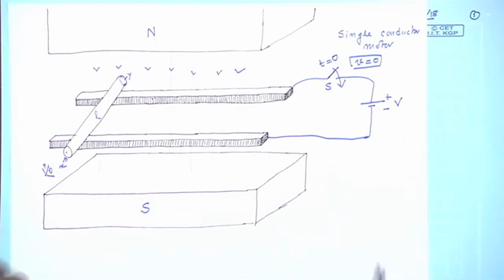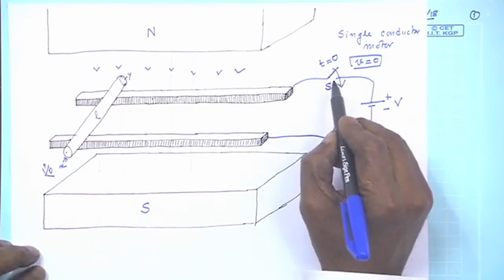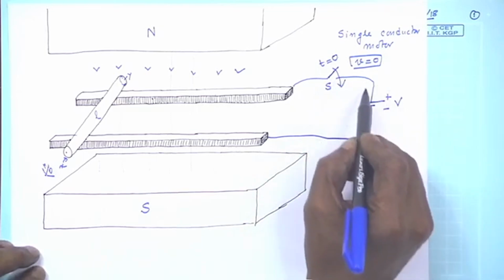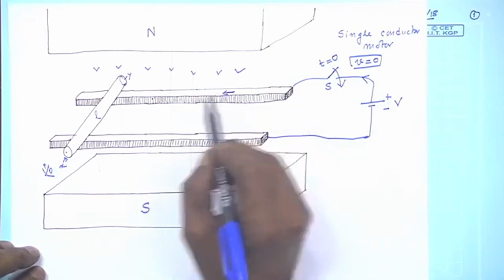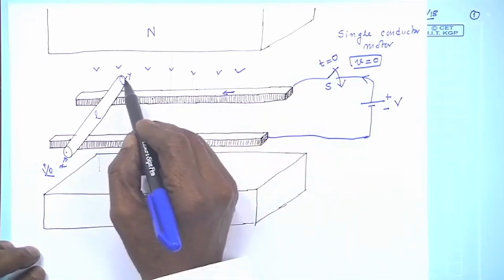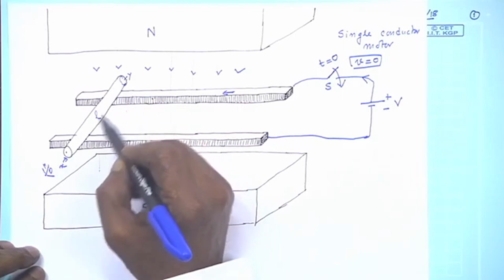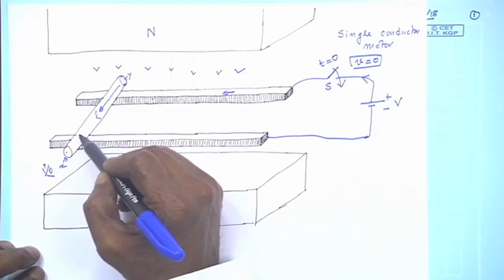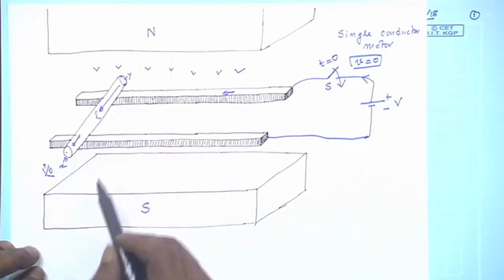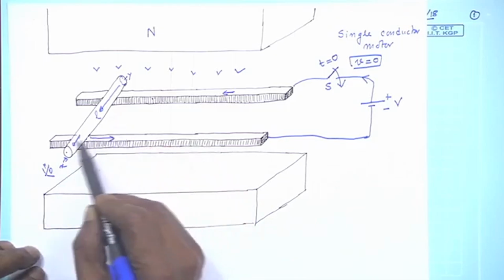But now, what do I do? I close this switch. Therefore, there will be now current flowing in this direction through the rail, and it will enter through the end y. This is the current, and through the rail it will return.